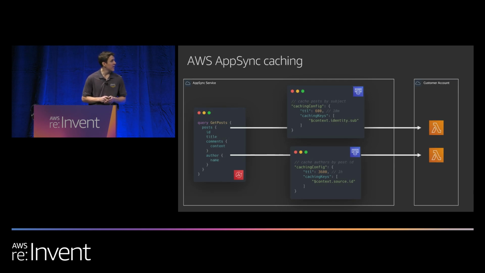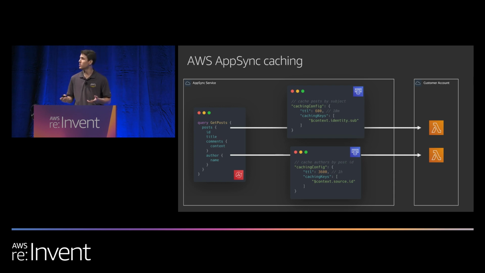So how does that look? It basically looks like this. There's a simple new caching config option in all AppSync resolvers. You can define a TTL that's recorded in seconds. And you can also define a list of caching keys, which tell us how to identify a particular object that you want cached. So in this example, we're doing a top-level posts resolver. I've got this getPost query.